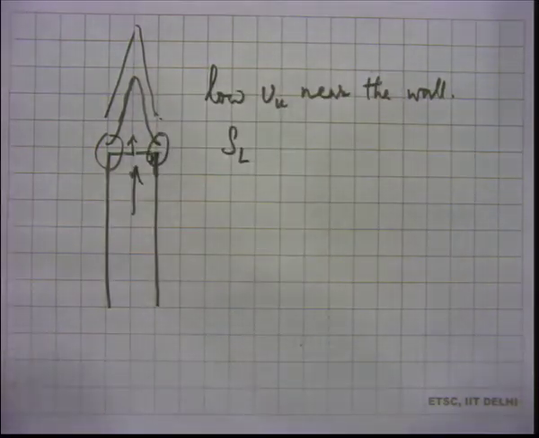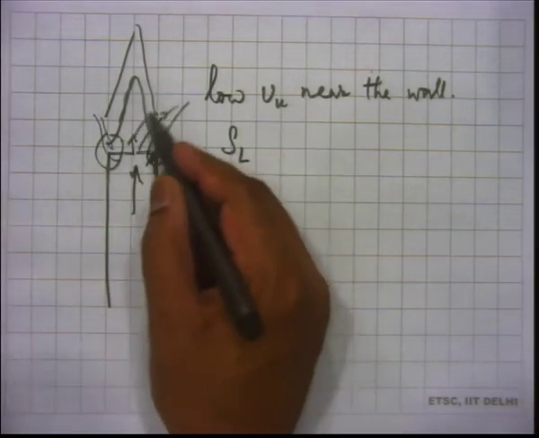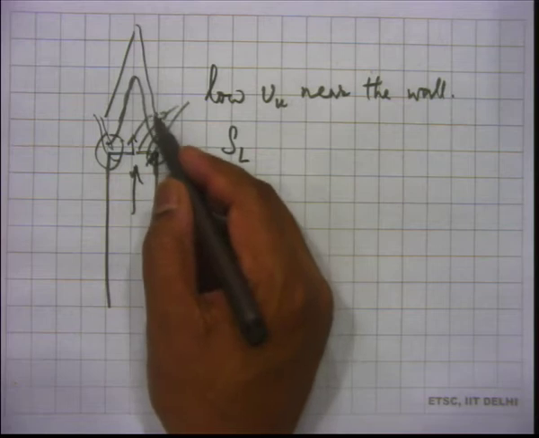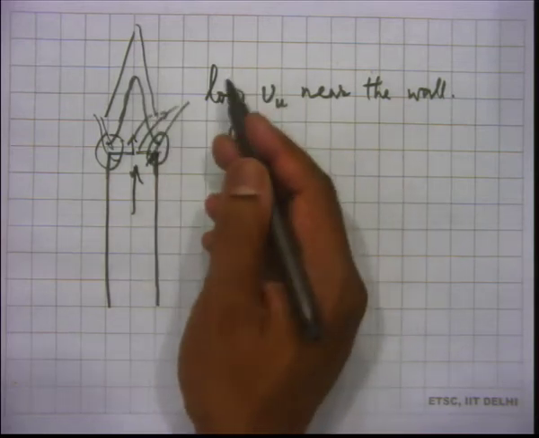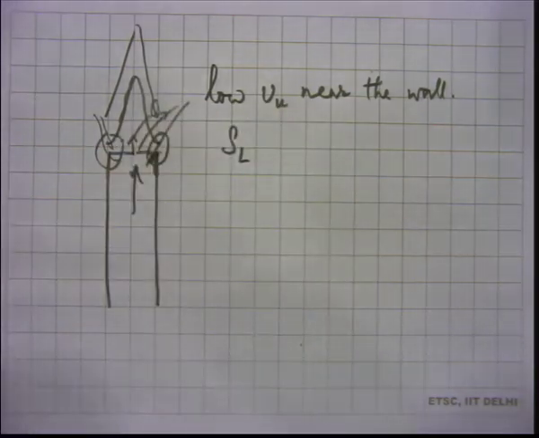Plus, because of the expansion effect of the flow, it's kind of a jet effect, the flow velocity also comes down. So they match each other. So in a lifted flame also there is some approximate matching of the laminar burning velocity and the flow velocity. The flow velocity is higher, but the laminar burning velocity is also higher because the flame has moved out, reducing its heat losses to the burner.